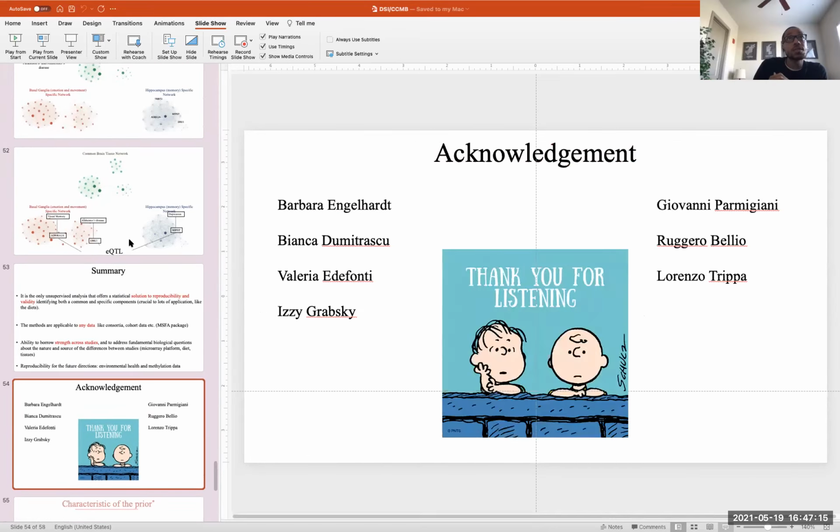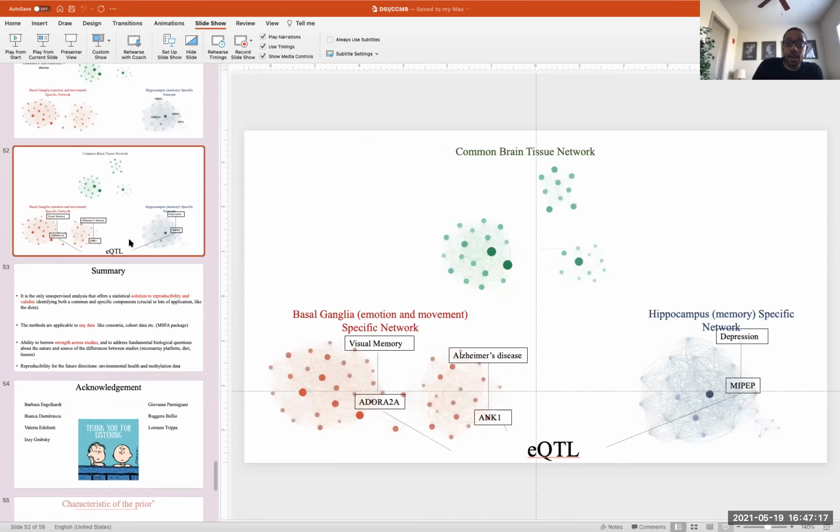How sensitive are you to your choice of K, the number of factors? Are you pretty robust to that choice? Yeah, that's a good question. In factor analysis, there is still ongoing research on how many factors to detect.